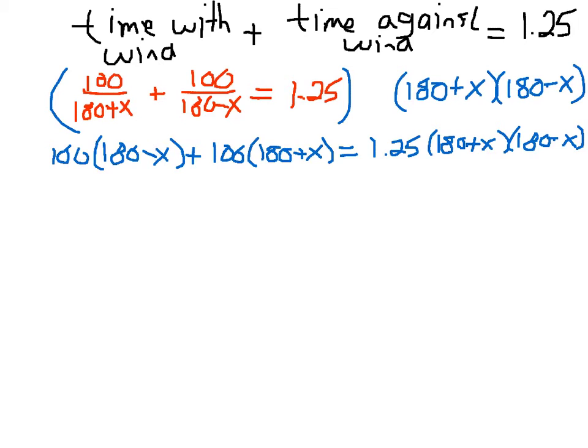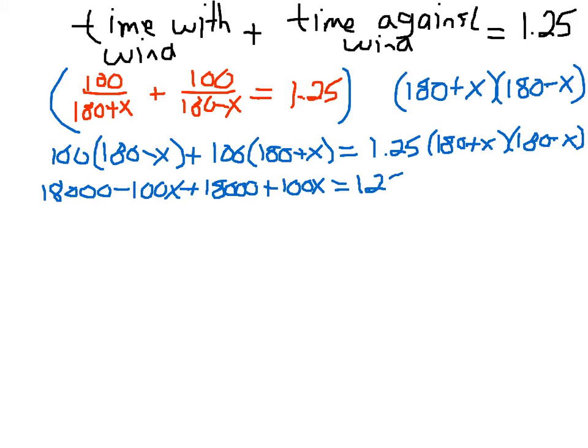So I'm going to have to simplify both sides. When I expand this, I'll have 18,000 minus 100x plus 18,000 plus 100x. You'll see that the 100x's cancel. Over here, I'm going to multiply out this grouping, which is a difference of squares. 180 times 180 is 32,400, and it's going to be minus x squared.